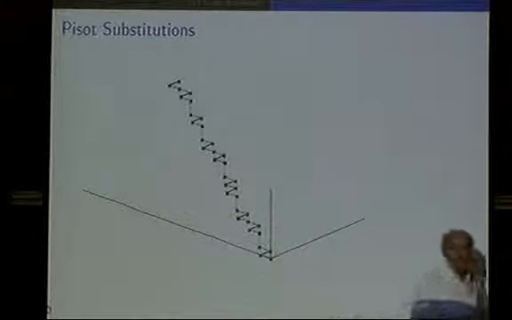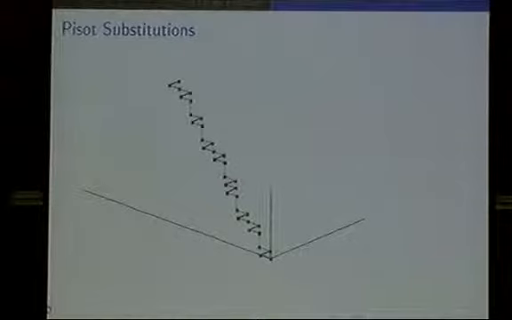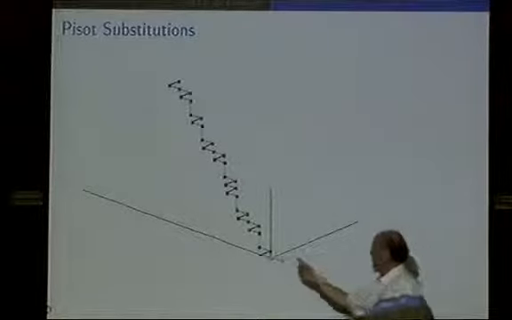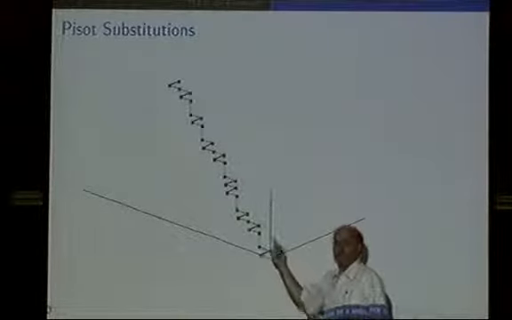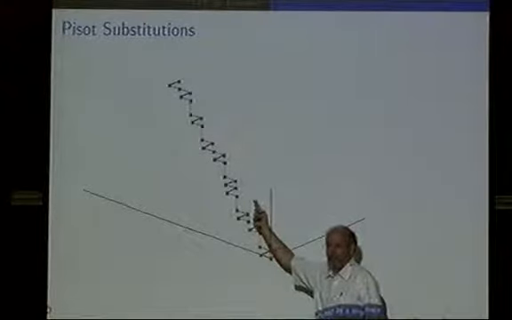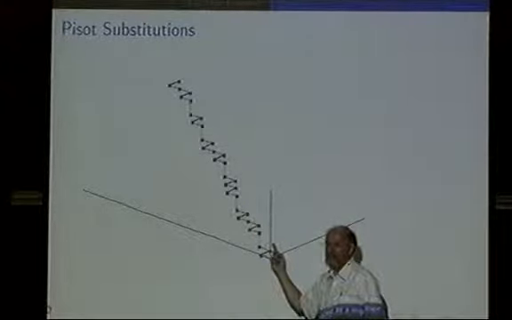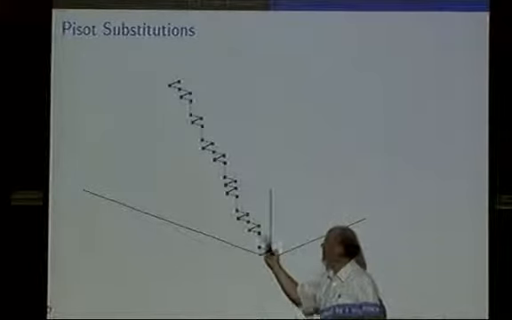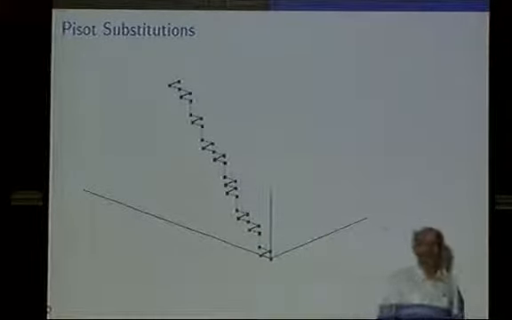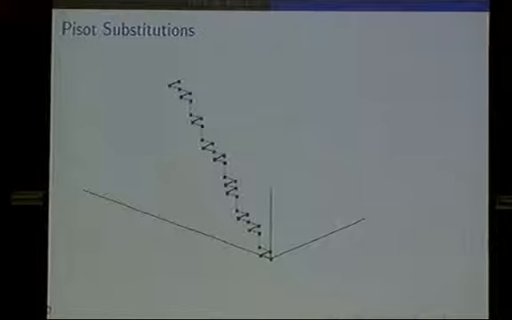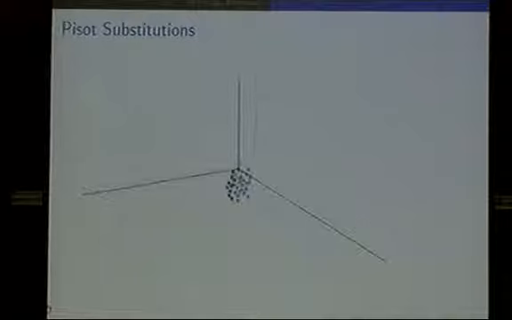And the Pisot condition is exactly the condition which is needed to have a direction. There is always a direction for this stair because this is the Perron-Frobenius vector. But what the Pisot condition says is that we stay within bounded distance of the Perron-Frobenius vector. Then the idea is to consider this as a kind of crystal and just turn it and look at it in the direction of the Perron-Frobenius vector. So this is the kind of thing you get.